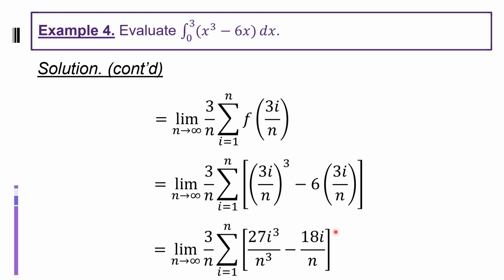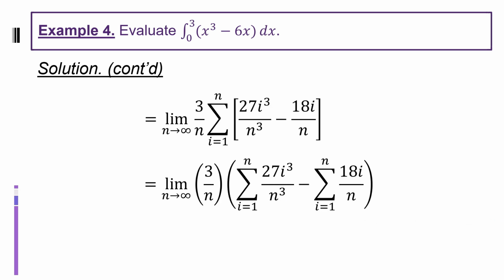The summation of that times 3n, and then we get the limit as n approaches infinity. Now, pwede natin actually ipasok yung summation kasi yun yung property ng summation. So we have the limit as n approaches infinity of 3 over n times yung summation of 27i cubed over n cubed minus yung summation ng 18i over n.